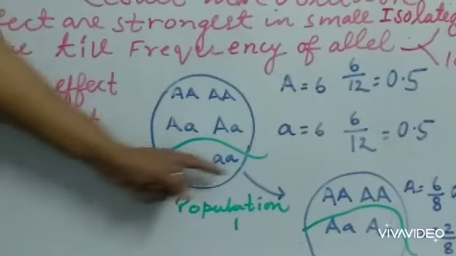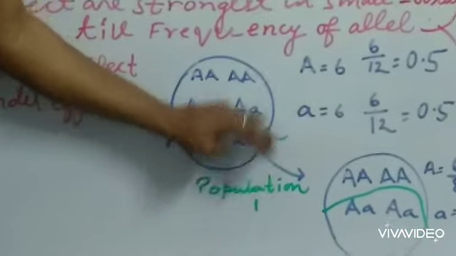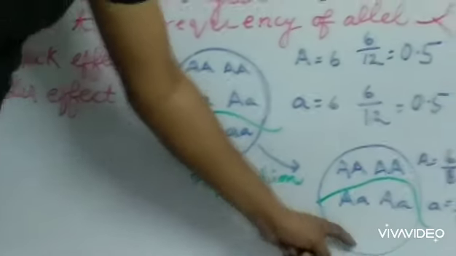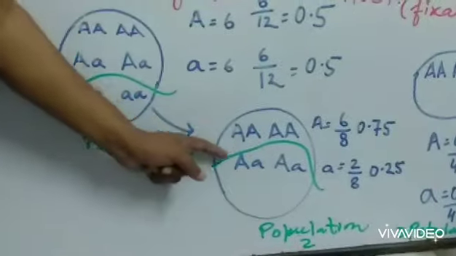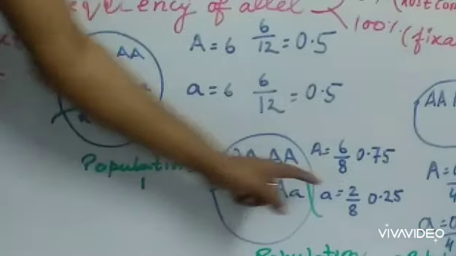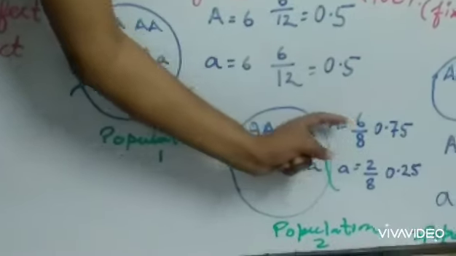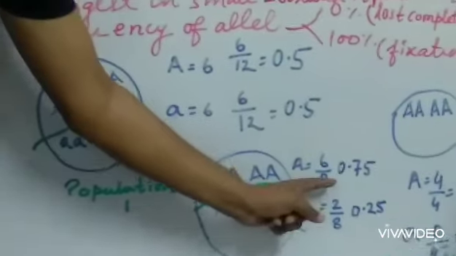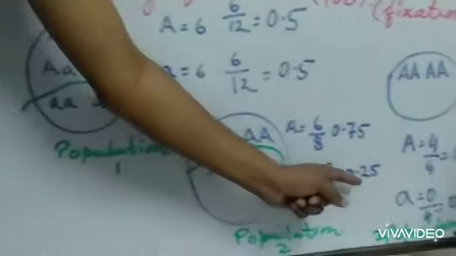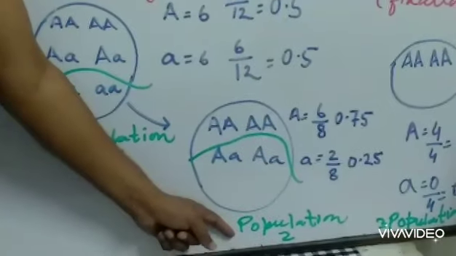If a natural disaster causes the death of the lower two individuals, in the new population a total of 8 alleles are present, capital A 6 and small a only 2. So the frequency changes to capital A 0.75 and small a 0.25 in population 2.